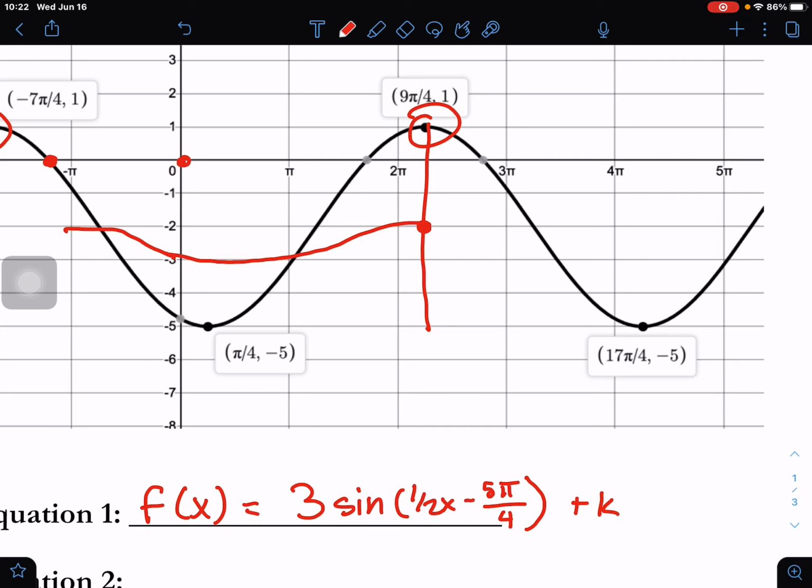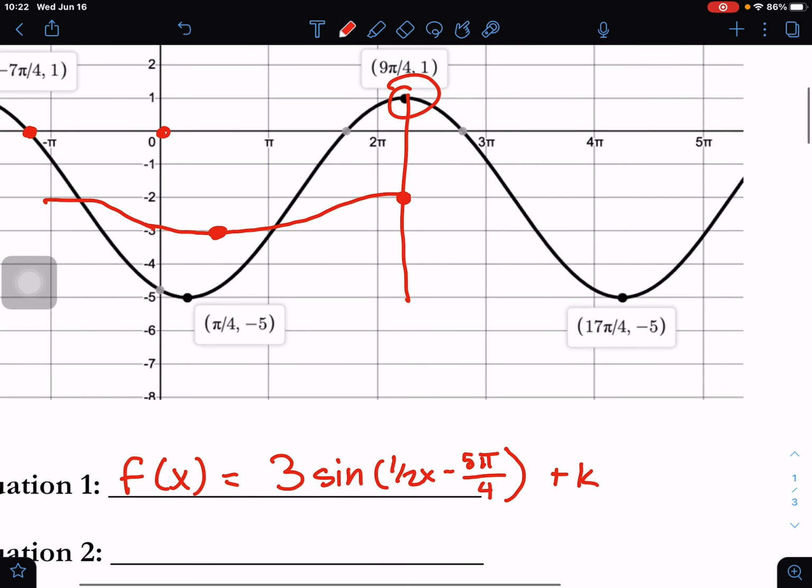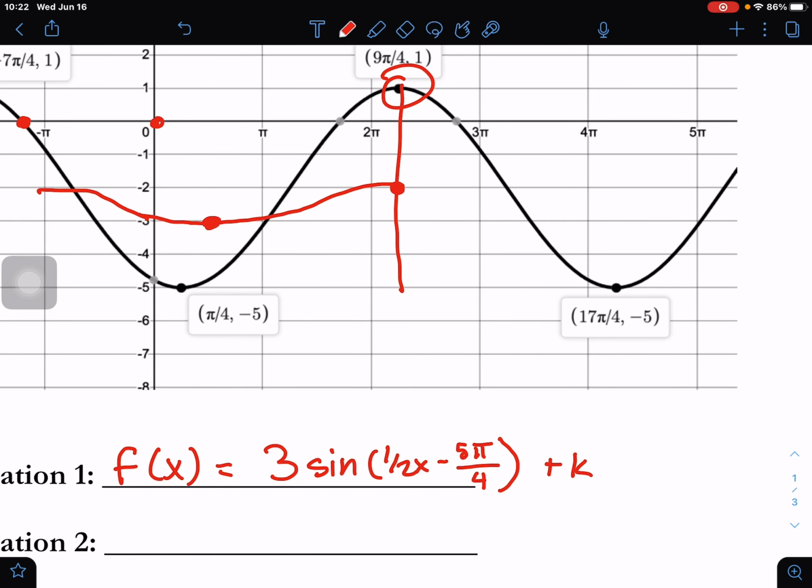So we know in that case that it's been shifted down, it looks like 2 units. Oh wait, no. Let's see.